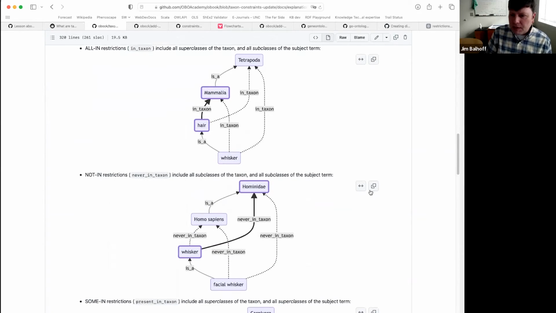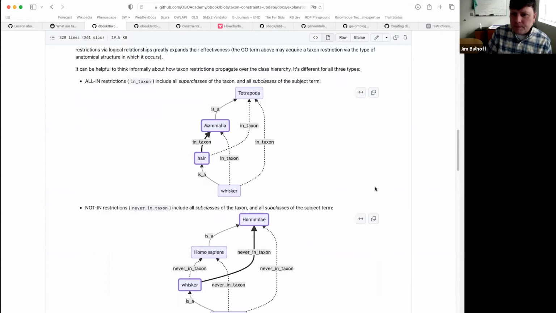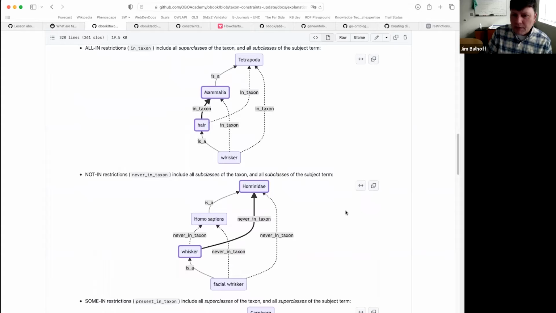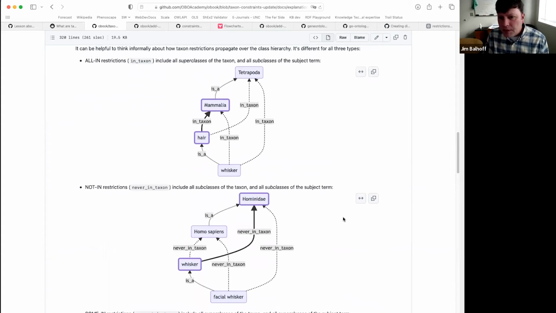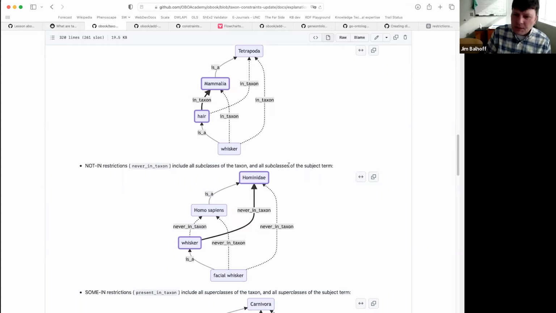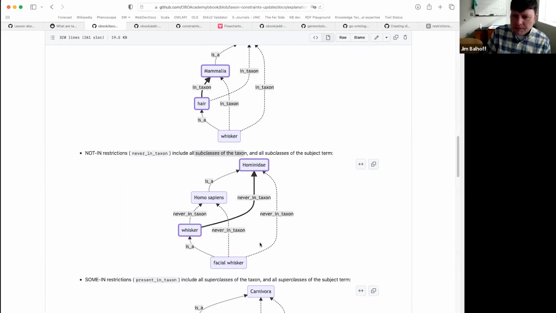Part of that changes for never-in-taxon. It's still subclasses of the subject term, but it becomes subclasses of the taxon. So we have whisker again, and then we have some subclass, facial whisker.